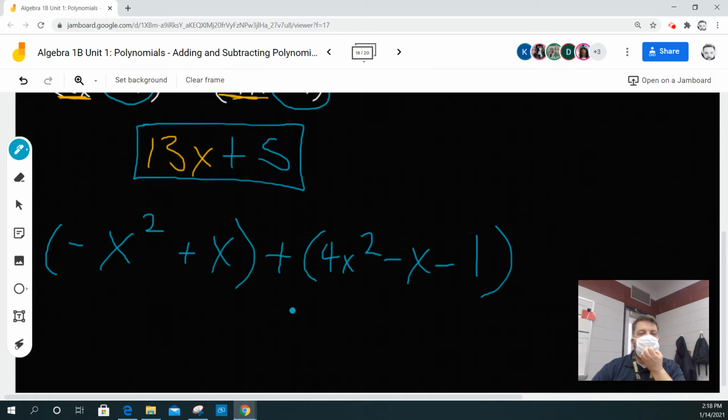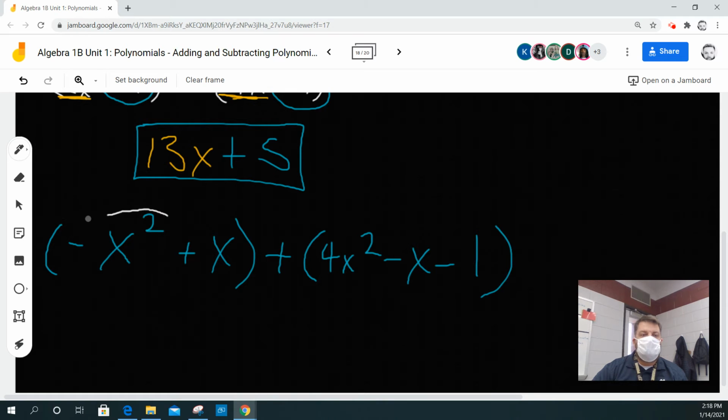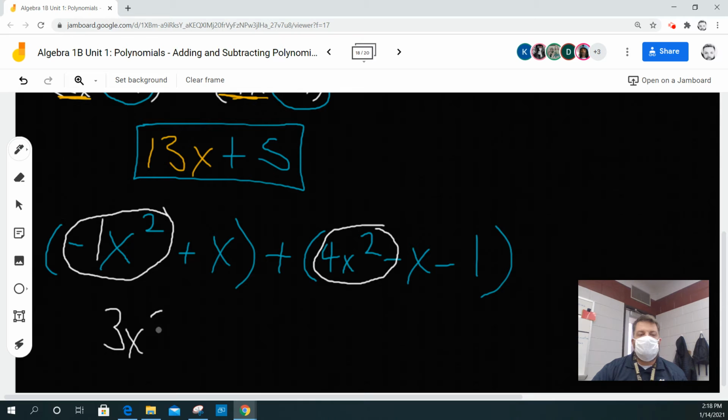If I multiply this stuff by positive 1, none of this stuff changes really. So what we're going to do is the same thing we've been doing. I've got a negative 1x squared here. I've got a positive 4x squared here. What's that equal? Positive 3x squared.